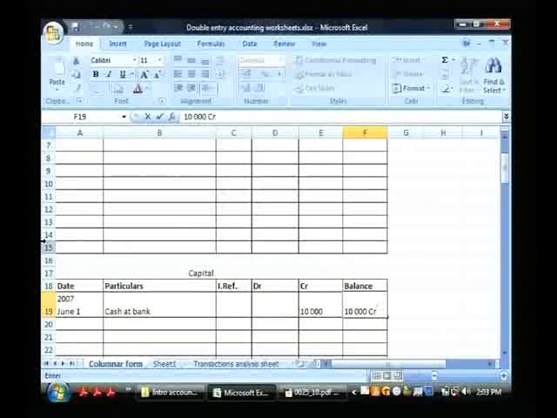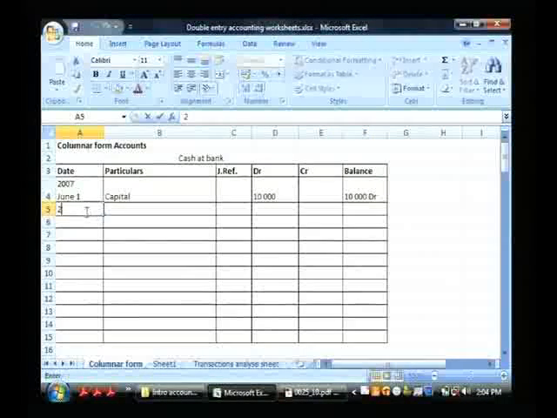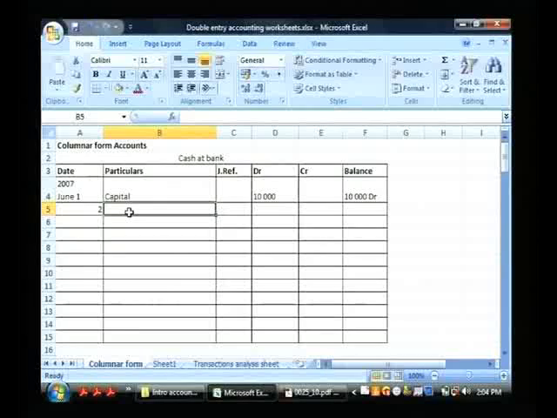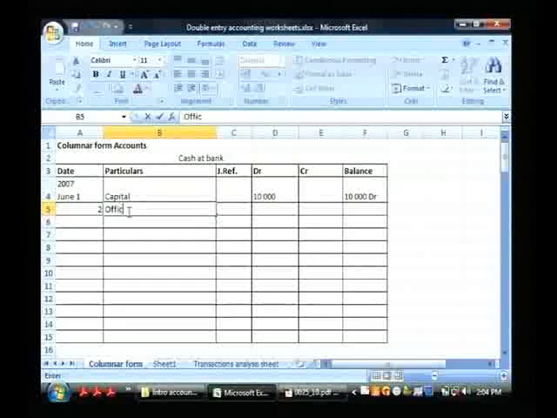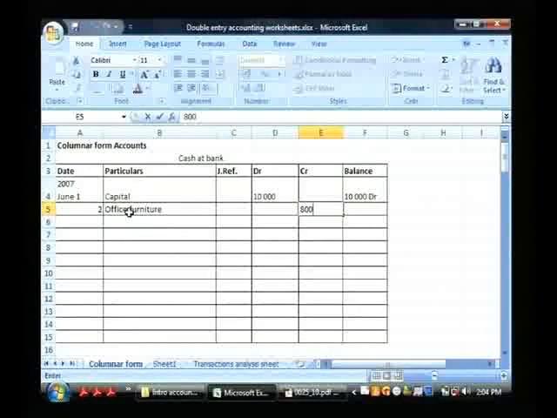Now look at the second transaction. Bought office furniture 800 kina, so date 2nd, office furniture debit and cash at bank credit, so therefore here credit 800.